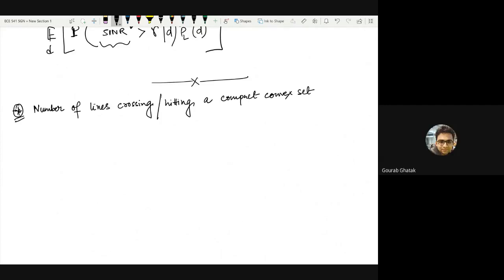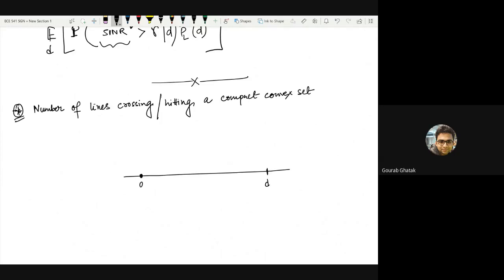That's correct. So now if I tell you that there is this network of Poisson line processes, and I am interested in one of the lines, and suppose my origin is located here, and I am interested within a distance of, let's say, D or 100 meters or whatever D can be.